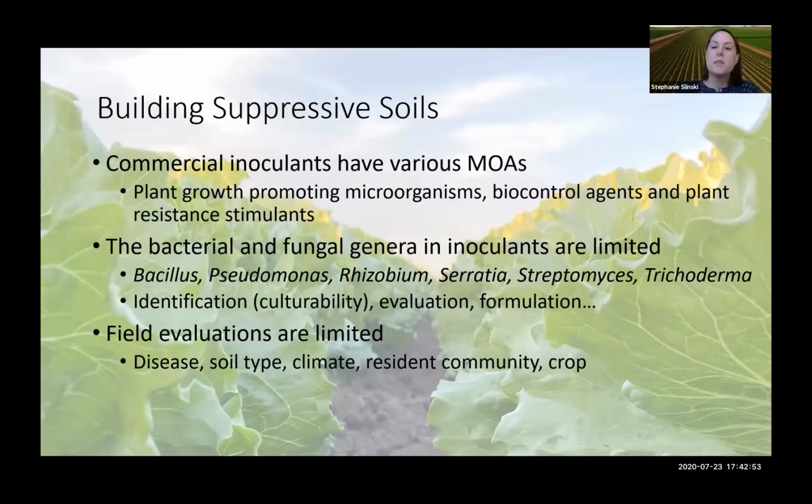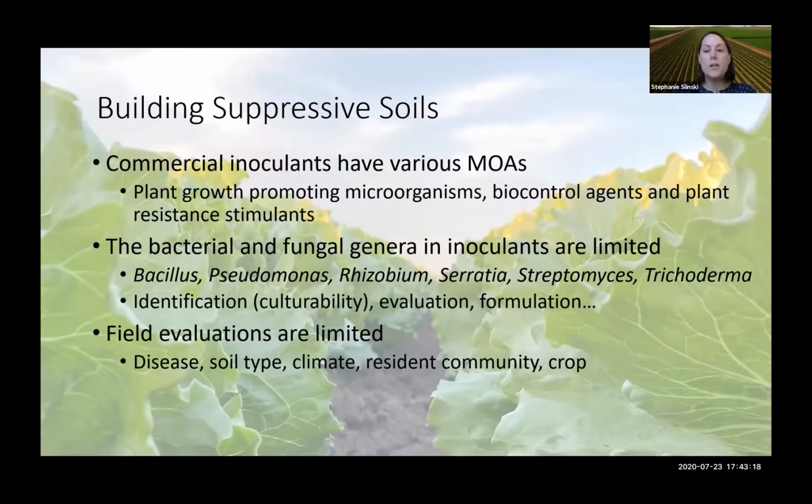Commercial inoculants are labeled as having various modes of action. I discussed some of these modes of action in previous slides. These inoculants usually contain microbes from a limited group of genera, and this is because these are groups that have been identified, which means they can be grown in a lab or grown in a fermenter.